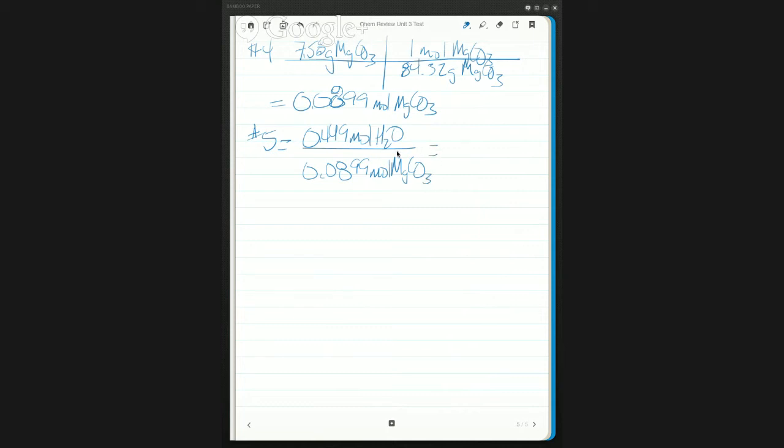And that will, let's see, 0.449 divided by 0.0899, I get 4.9944, which is basically equal to 5/1. So 5 moles of H2O to 1 mole of MgCO3.